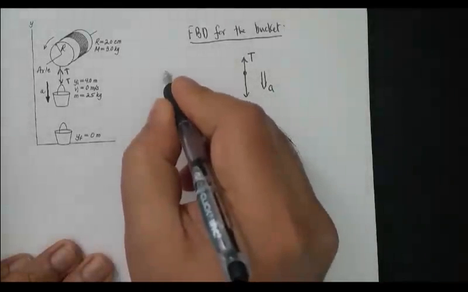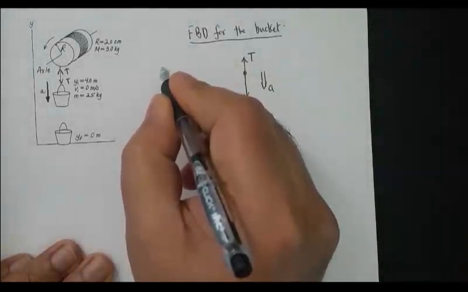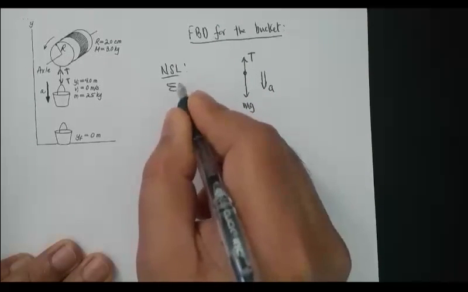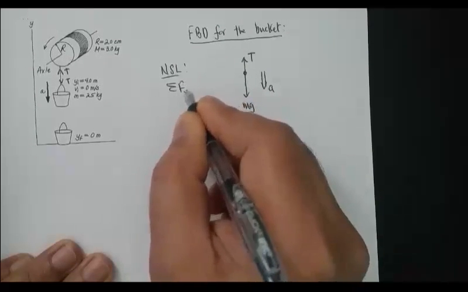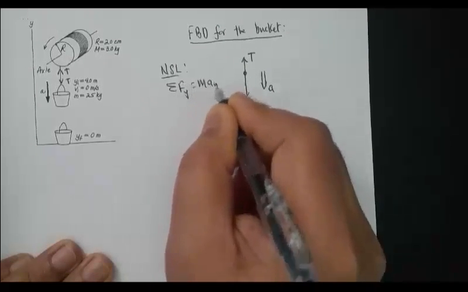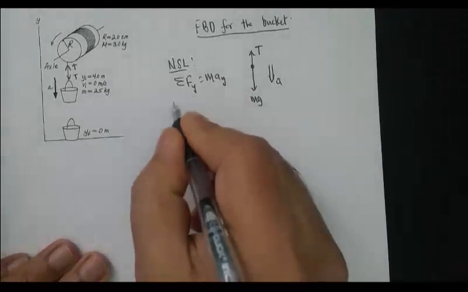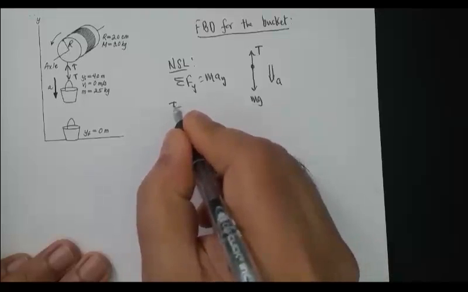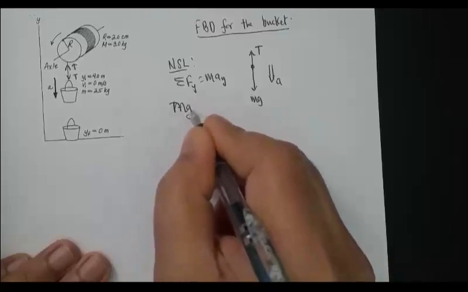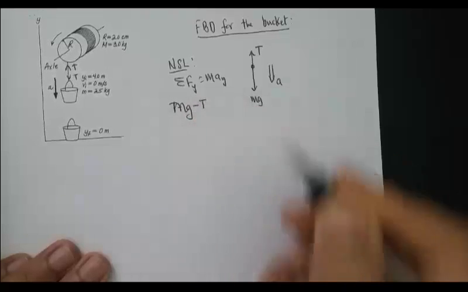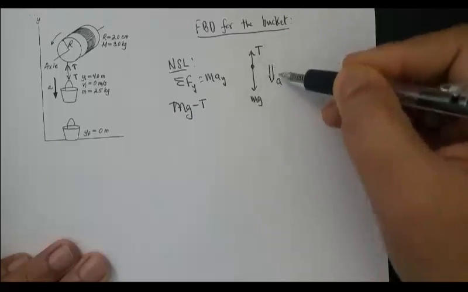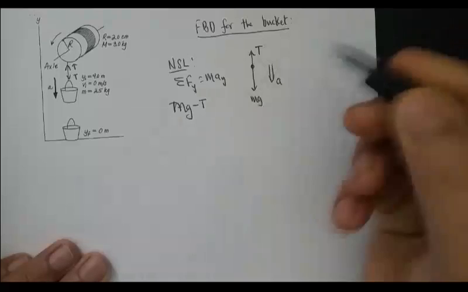Then you can apply Newton's second law. The net force in the y direction is mass times acceleration. Since mg has to be greater than T because it's accelerating downward, I'm going to make downward my positive axis.